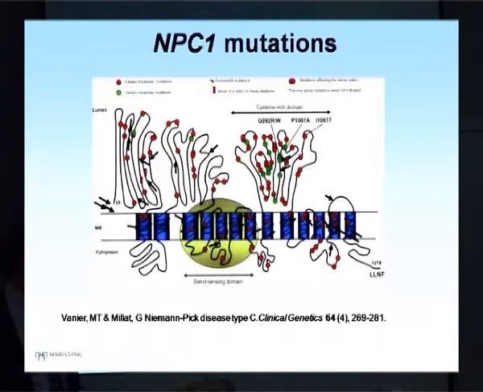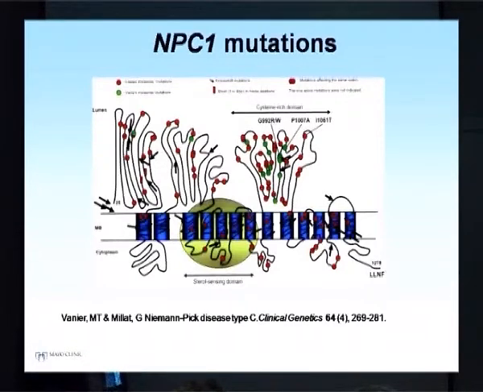Ta część błony jest wrażliwa na przykład na cholesterol. This part contains a high concentration of an amino acid called cysteine, so it's called the cysteine-rich domain. Ta część jest wrażliwa na aminokwasy, które nazywają się cysteiny.